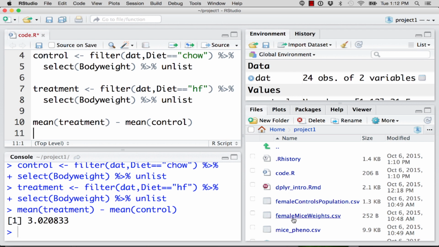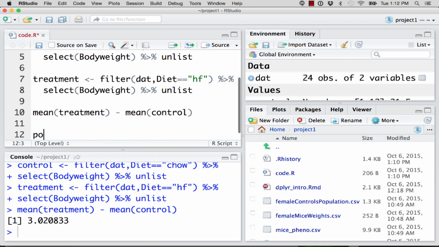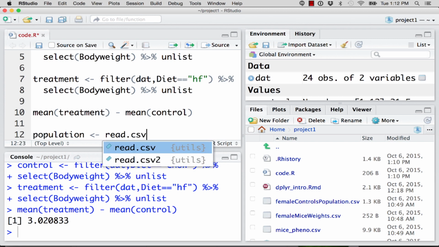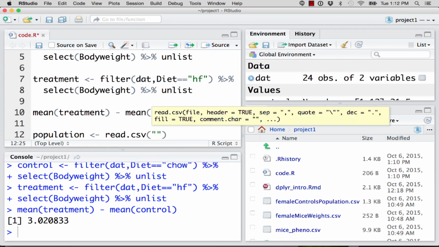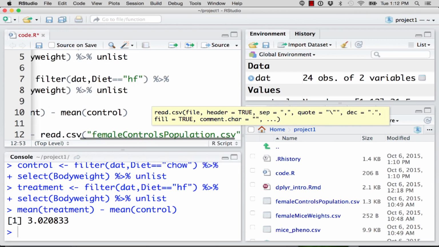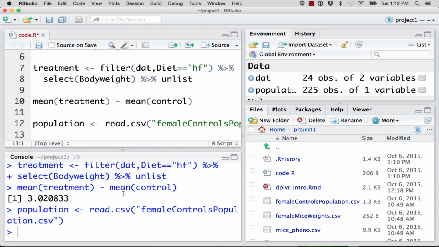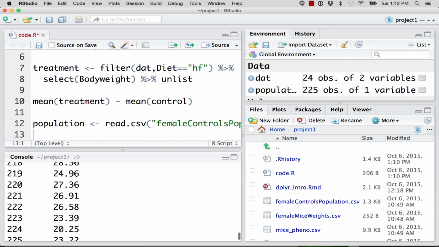Here, this file, control population, I'm going to read it in and call it population. It includes about 200 plus mice that encompasses the entire population of control mice. So we can see that if you just type it, there's 225 numbers.